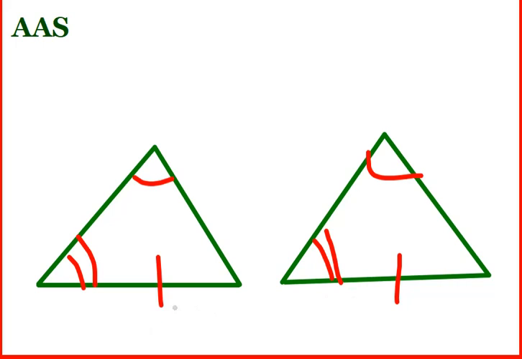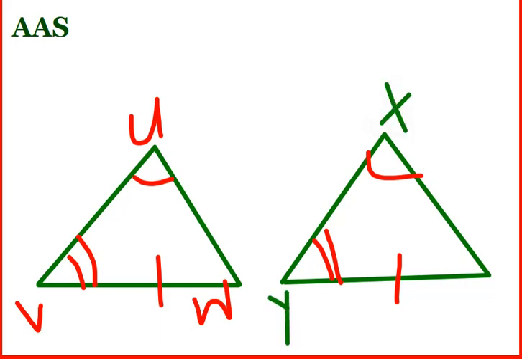So if we were to label this graph U, V, W, and the other graph X, Y, and Z, then if one side, which is VW in this case, and two angles of a triangle, which are V and U, are equal to the corresponding one side and two angles of another triangle, then the two triangles are congruent.